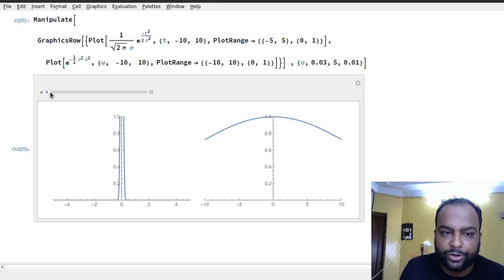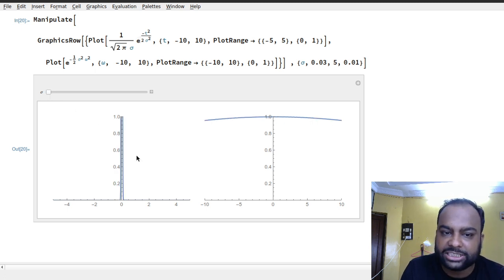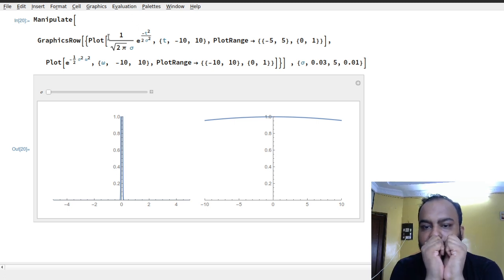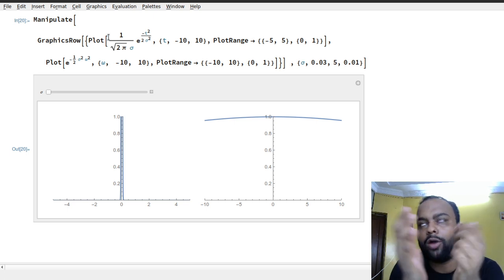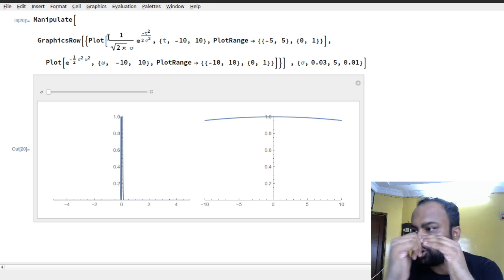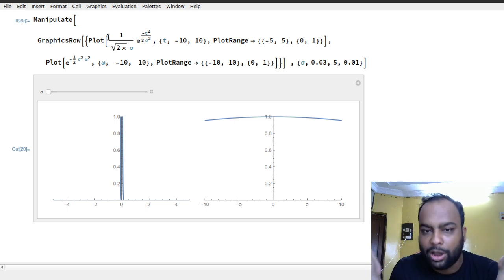If we make sigma sufficiently small here, what we essentially have for x(t) is the Dirac delta, or the unit impulse. And as you already know, the Fourier transform of the Dirac delta is a constant with a value of 1.